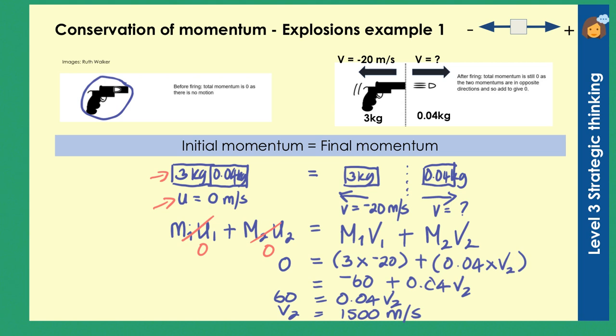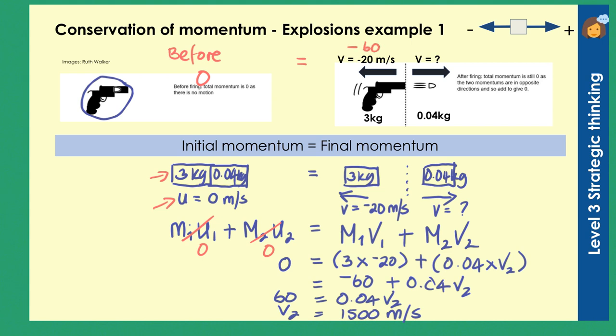And finally, we can check that the momentum is conserved. We know that the momentum before the gun was fired is 0, and it should be equal to the momentum after. So the momentum backward for the gun, which is recoiling, is minus 60.